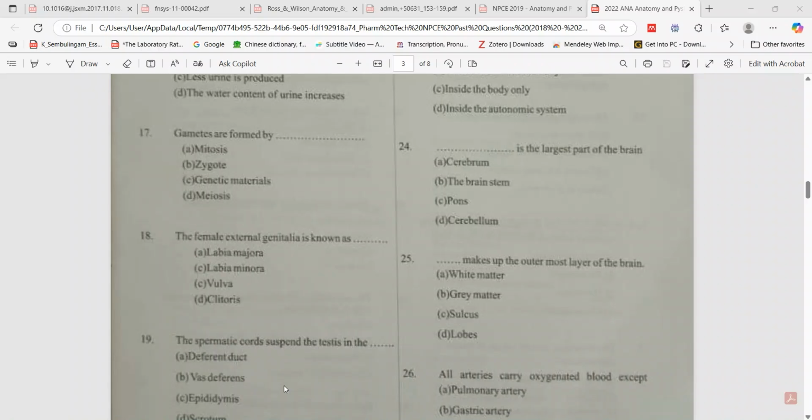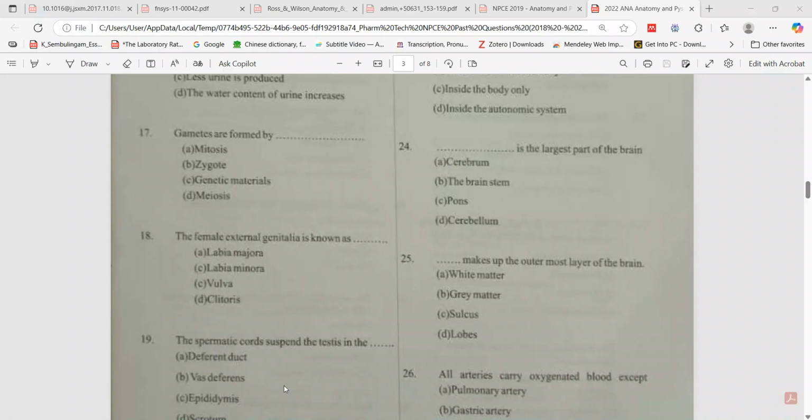How do the somatic cells divide? Mitosis. So the somatic cells divide by the process of mitosis, while the sex cells divide by the process of meiosis. I said all these things.